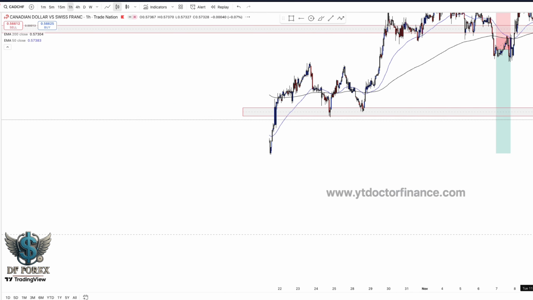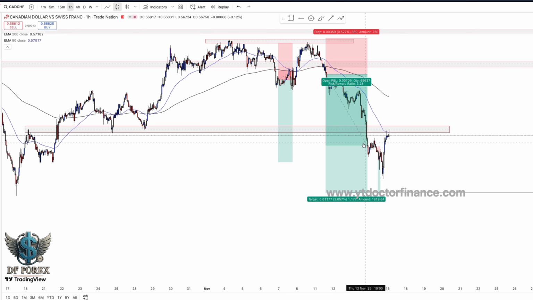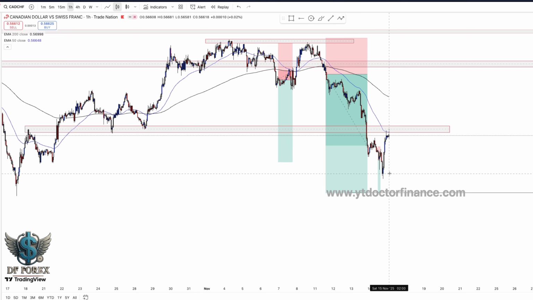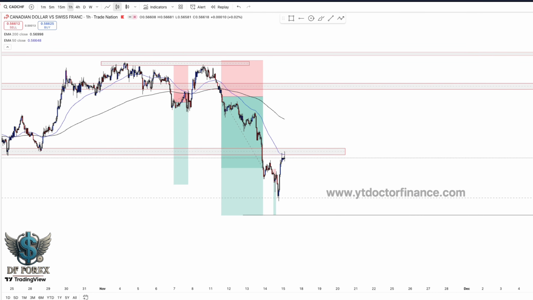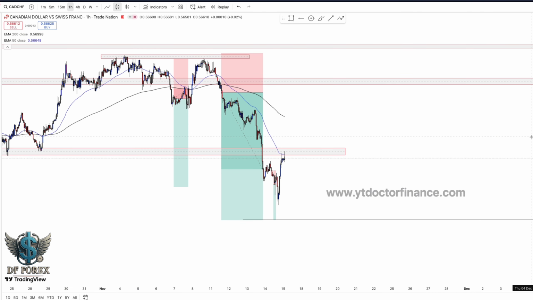So I felt greedy and closed my position at 1:1.25 risk to reward. Although if I had kept running my position, I could have easily achieved 1:3, sometimes being too greedy can erode your profits.